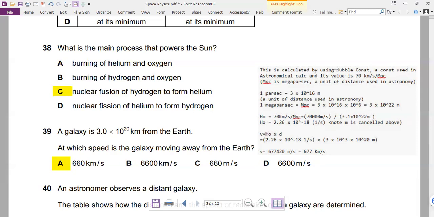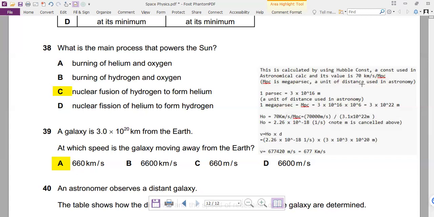This is done by using Hubble's constant used in astronomical calculations, and its value is 70 kilometers per second per megaparsec. Megaparsec, how would you read this?